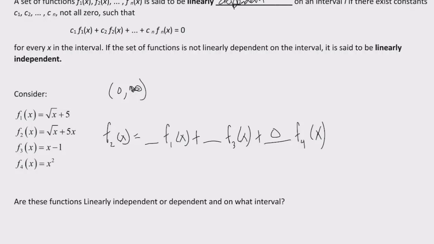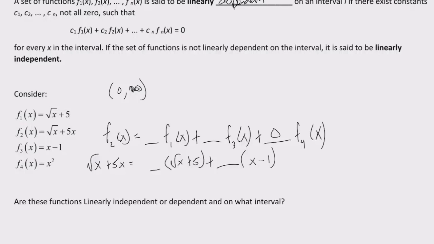So let's do, because we have the square root of x on one side, 5x, and is there some amount of square root of x plus 5 plus some amount of x minus 1, some way to get that to cancel out?